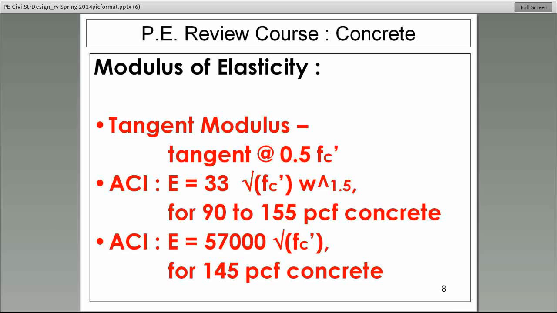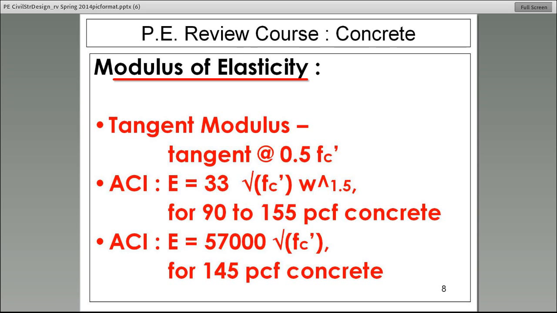Now, here we're talking about the modulus of elasticity for concrete. Remember I told you earlier that because concrete is indeed a brittle material, it really doesn't have a linear portion. The stress-strain curve does not. So we have an option of 4 or 5 different ways of calculating the modulus of elasticity.